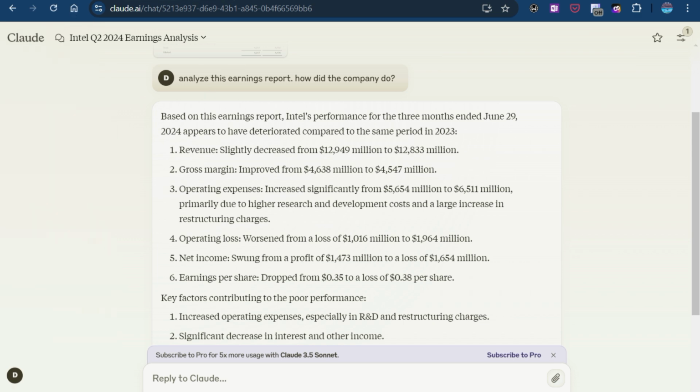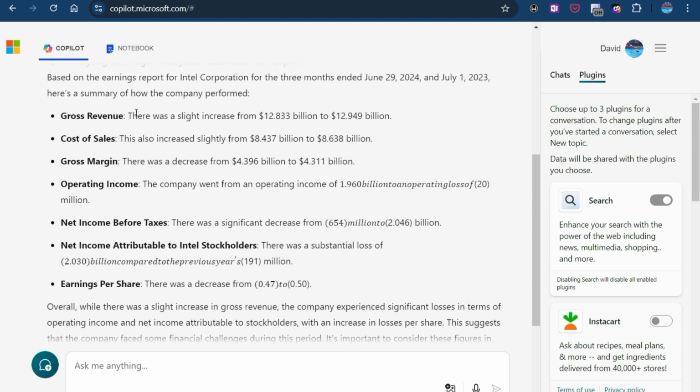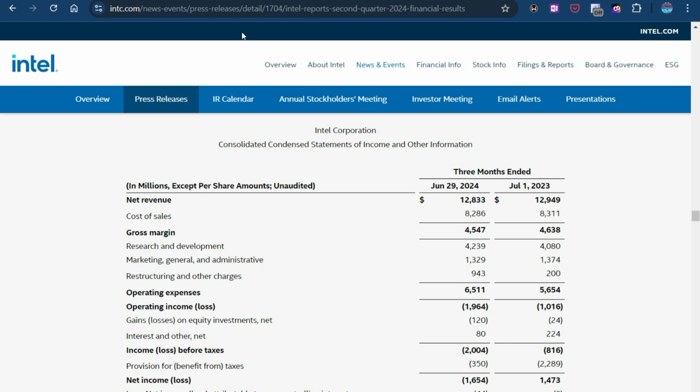If I go back to the earnings report, the revenue did, in fact, decrease from 12.949 to 12.833. Copilot, though, told me there was a slight increase. So it actually interpreted the results incorrectly. It looked at the wrong starting period. It told me it increased from 12.833 to 12.949 when actually the reverse was true. It was reading from left to right and wasn't paying attention to the header. That was a bit disappointing for Copilot.